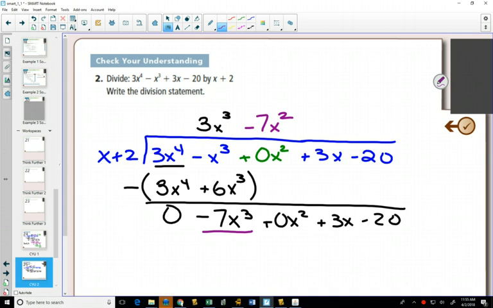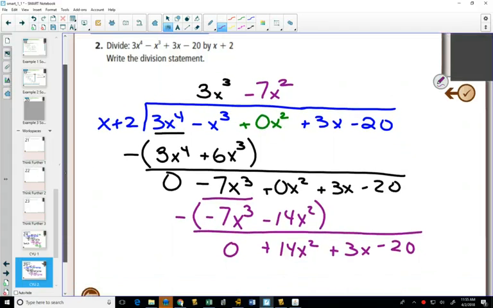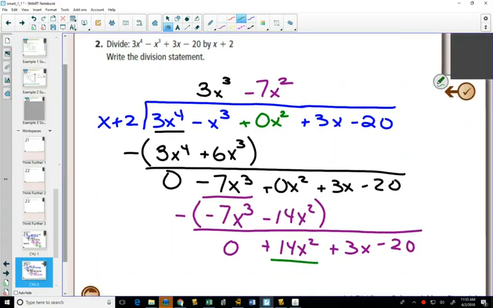And then when I multiply negative 7x squared times x plus 2, I get negative 7x cubed minus 14x squared. And when I go to subtract, well, this goes to 0, but here I get plus 14x squared plus 3x minus 20.